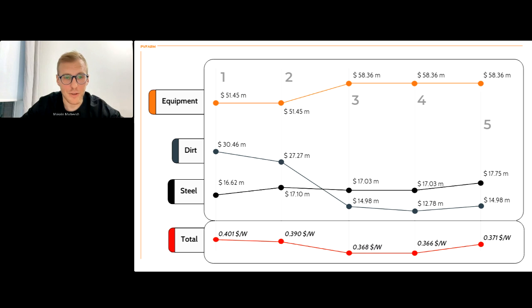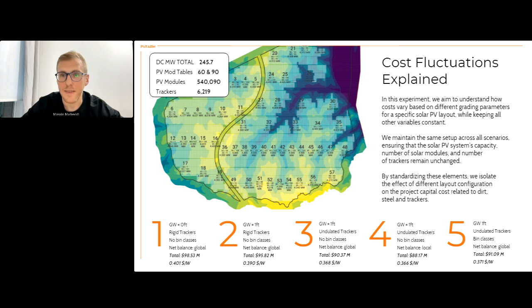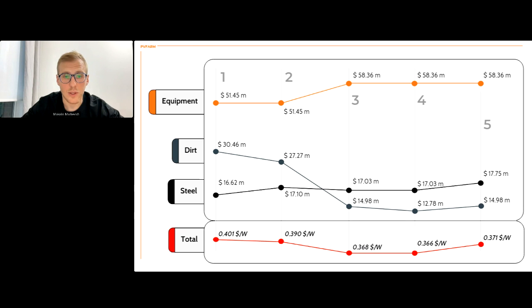So if we go back for a second and compare option number 2 versus option number 3, you'll see that we actually start using terrain following trackers, with the same gradient window and same gradient strategy, but just changing the way the trackers follow terrain. What it changed is that steel is almost the same, right?